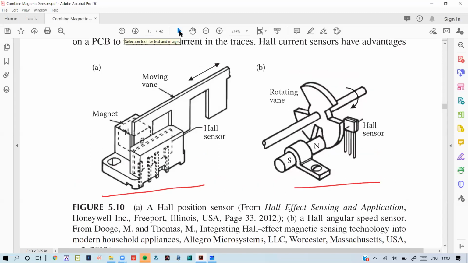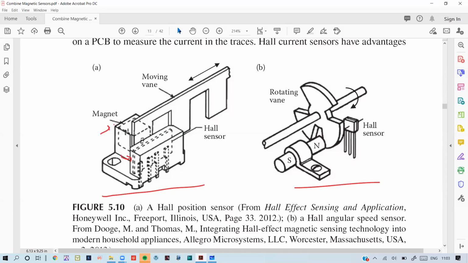Now see, this is the magnet, and this is the Hall sensor. Whenever there is a moving vane, simply a blade, and it is moved in and out, the magnetic flux to this sensor changes. The magnetic field will change with respect to this sensor because you are moving some object in and out of position.